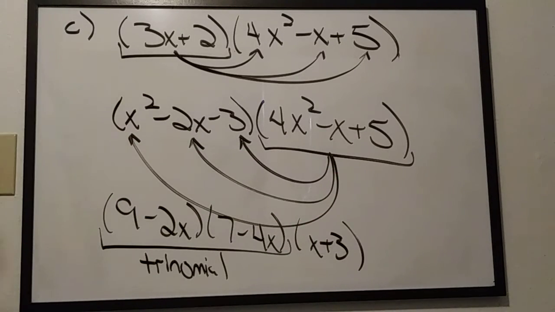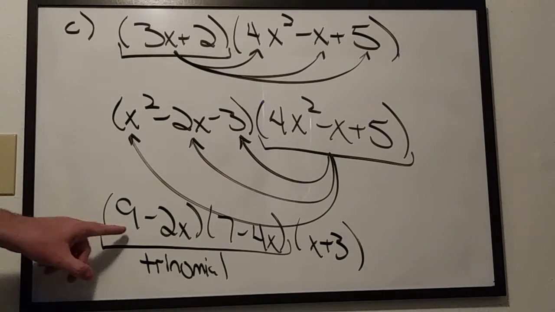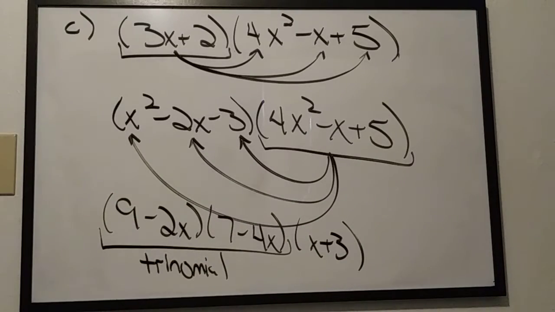And that's very similar to what we have here in part C. So be aware that I've shown you some of these problems, but there are lots of different places we can start these problems and end up in essentially the same place. So if we had 3 different binomials, ultimately you would do the same kind of thing that we did here in C. Multiply the 2 binomials in front, get a trinomial, and then multiply that trinomial times the final binomial. And again, very similar to what we saw just a moment ago in part C.